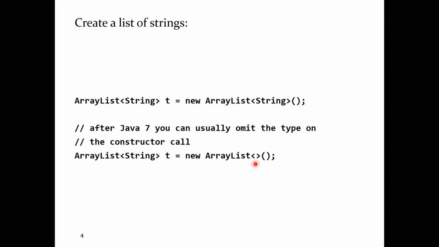You still should put in the angled brackets, but you don't need to put the element type in on the right-hand side. You'll discover pretty quickly, I bet, that if you don't put in the angled brackets on the right-hand side, it still works. You'll get a warning in Eclipse, but your code will compile just fine.